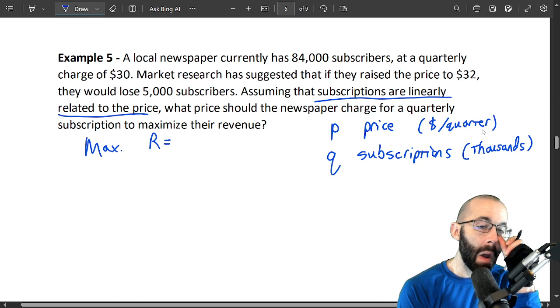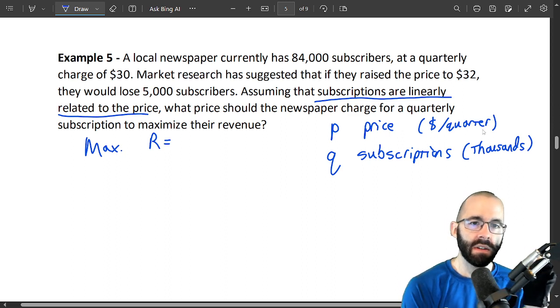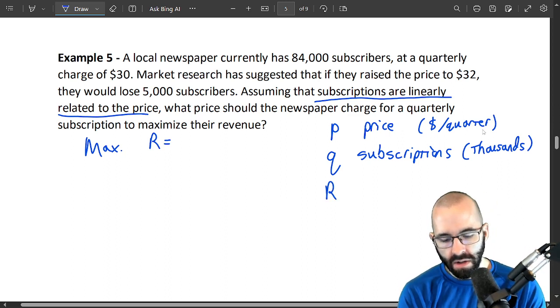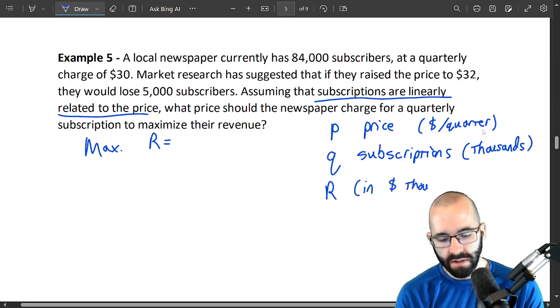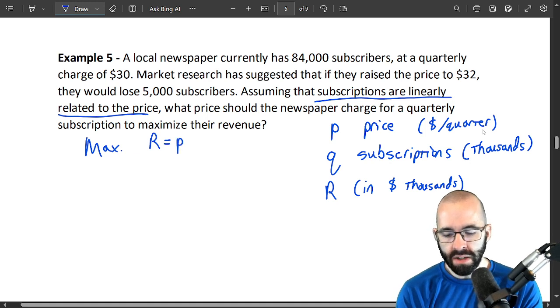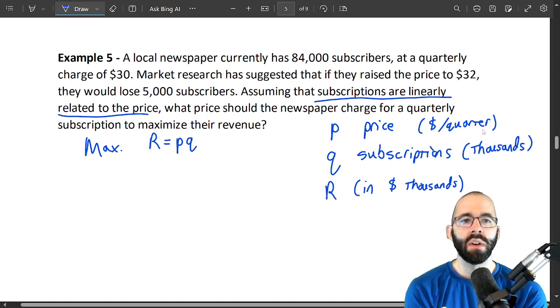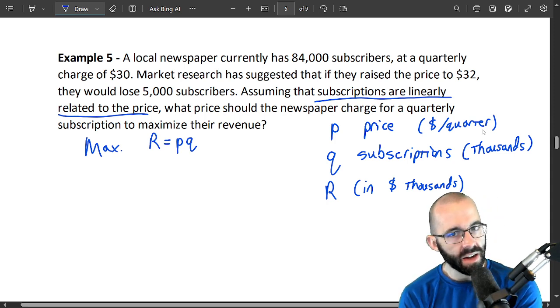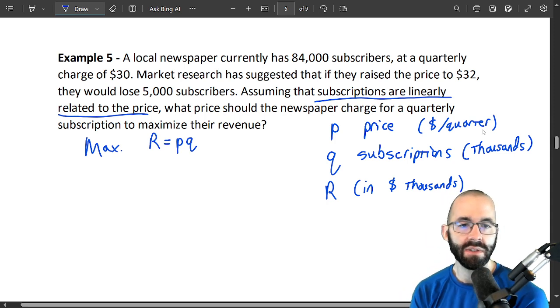So then what's revenue? Then revenue in thousands of dollars is just going to be P times Q. What price? How many subscribers? So if one thing is in thousands, they have to both be in thousands.